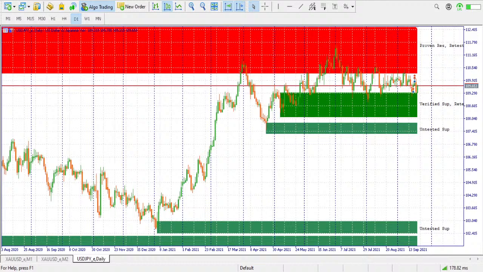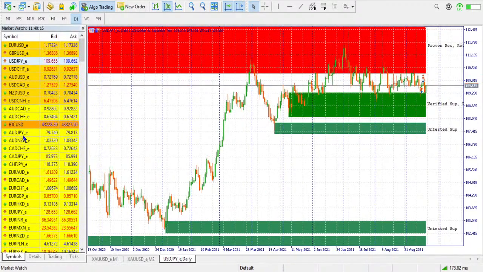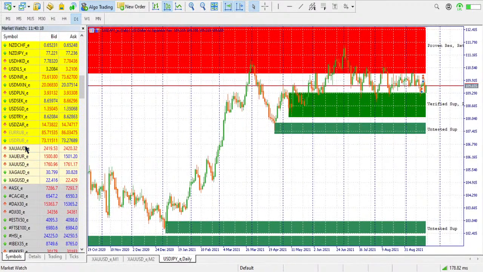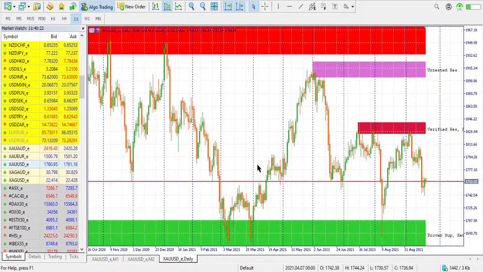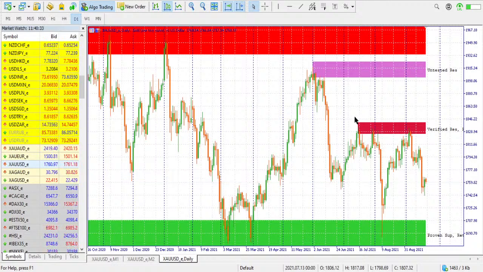So the next symbol which I want us to have a look at is gold. So far nothing much appears to be happening. We still have the levels which we had yesterday. We still have our zone here, our resistance zone.